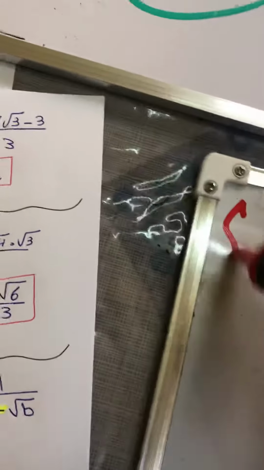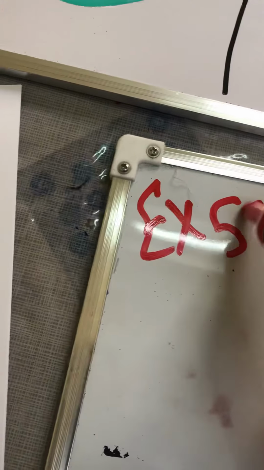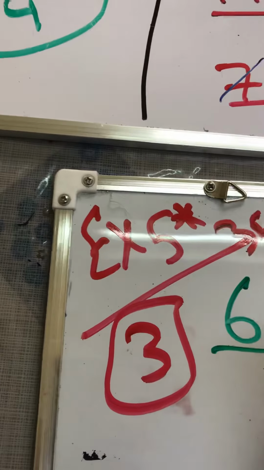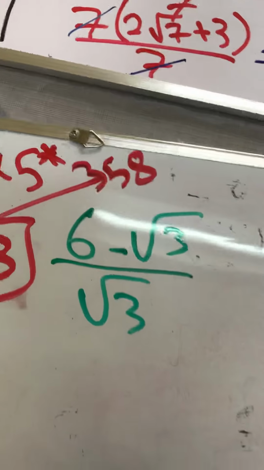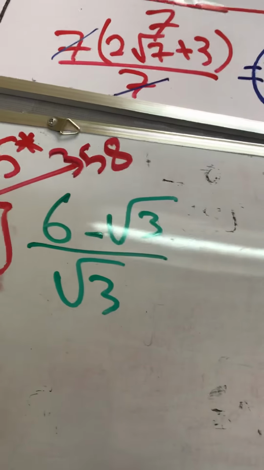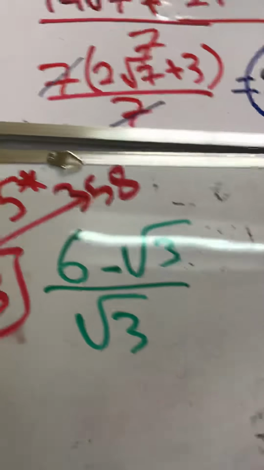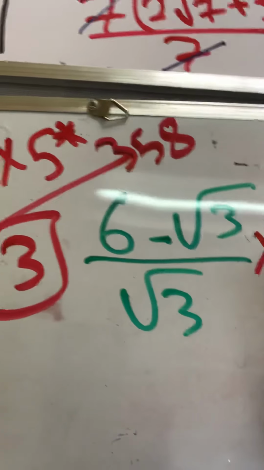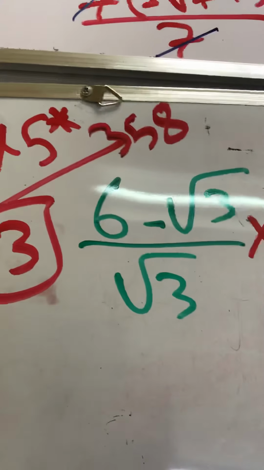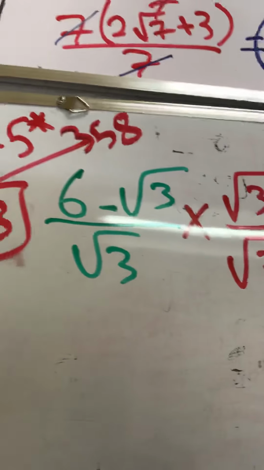Okay, still in exercise 5 star, page 358, number 3. Now in number 3 we have 6 minus square root of 3 over square root of 3. I am still rationalizing a fraction. Okay, here what is the denominator? Square root of 3, multiply by it up and down to rationalize the fraction.